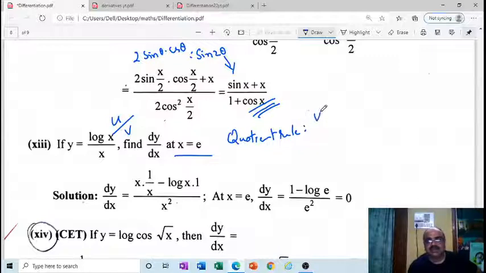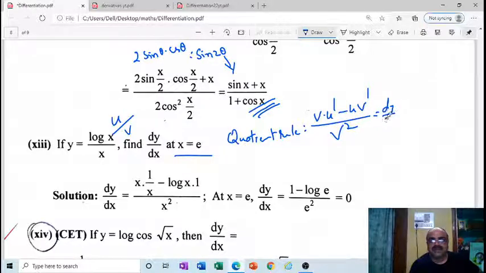What it is? v into u dash minus u into v dash by v square. dy by dx is equal to v into u dash minus u into v dash by v square. What is v? x into log x is 1 by x minus log x into x differentiation is 1 divided by v, x whole square.